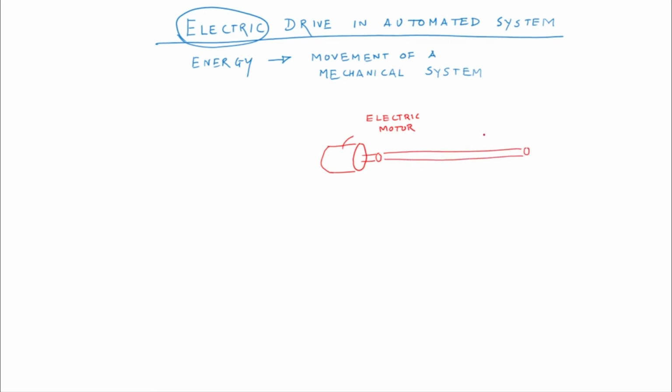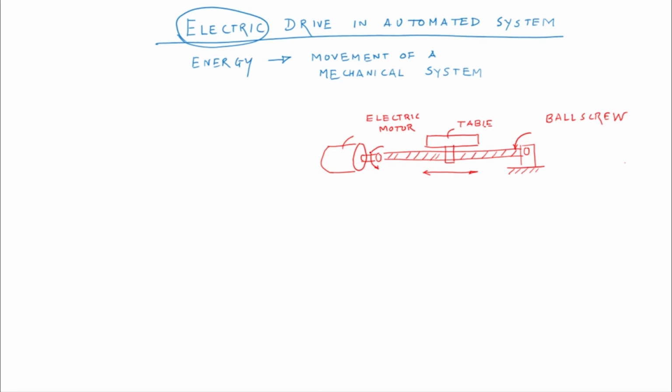So we'll simply continue the same example. This is the ball screw. On the ball screw, we are attaching the table. To get the translation of the table, we should have the angular motion of the spindle which is driven by the electrical motor.